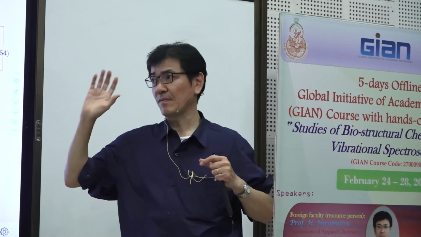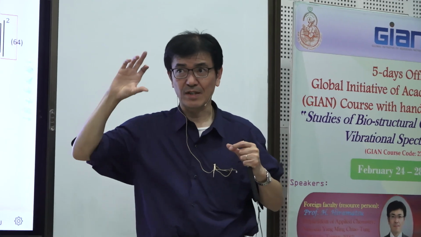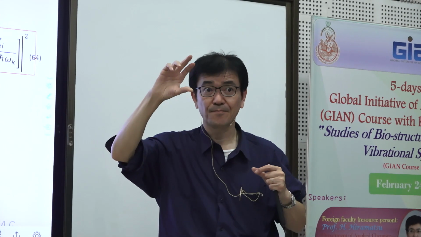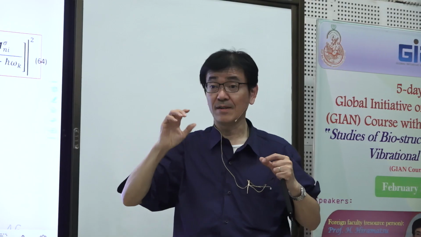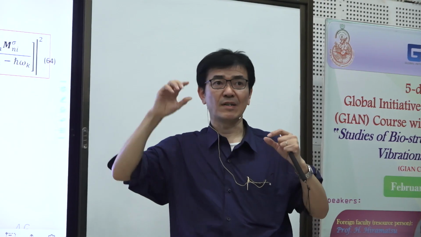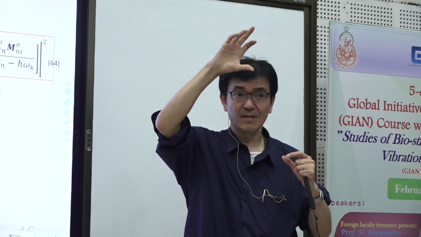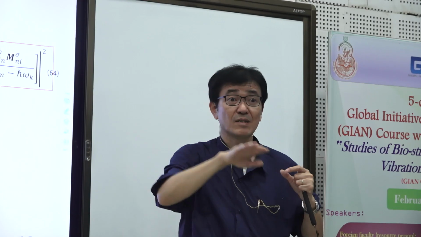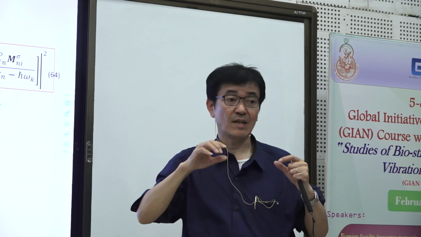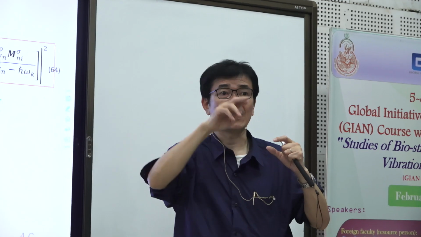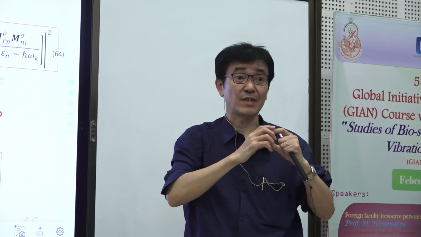Raman scattering occurs as a consequence of second order perturbation. So the interaction between light and molecule occurs twice. And in the case of Hyper-Raman, it occurs 3 times. The probability becomes much smaller. That's why Hyper-Raman scattering does not occur so frequently.